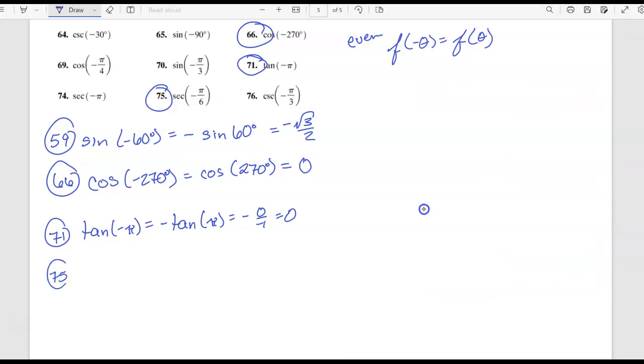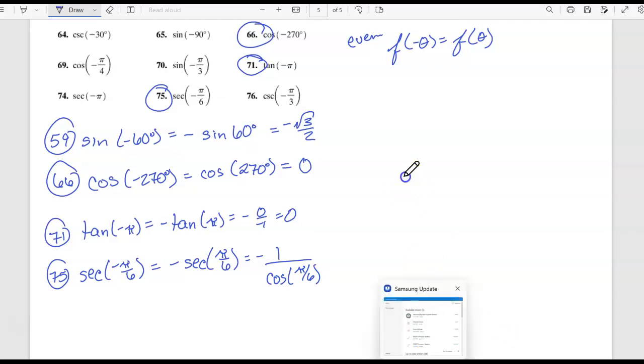And then in 75, we're looking at the secant of negative pi over 6. That's the same thing as negative secant of pi over 6, and secant, same thing as cosine. Oh, just kidding. Hold on. Secant, remember, that's an even function.